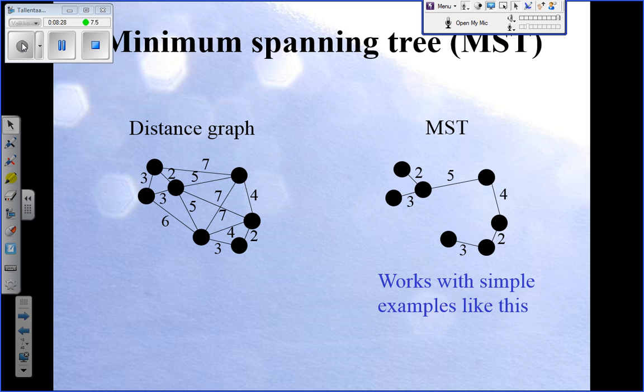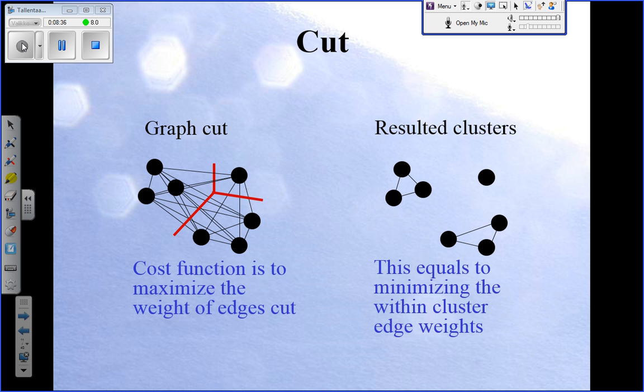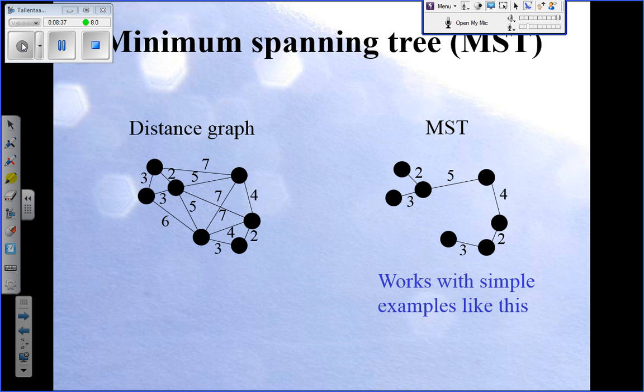Let me see what my slide says we should do next. It says nothing. So distance graph, calculate the minimum spanning tree, which takes O(n^2) or something like that, depending on the algorithm. Kruskal, Prim's algorithm, they are merge-based methods, and we can get the minimum spanning tree, and there we almost have a clustering, right?